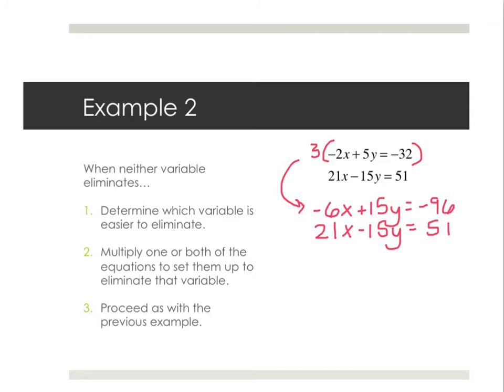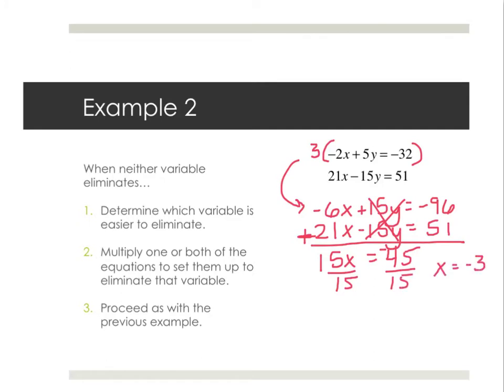In this circumstance, I only had to multiply one equation. Sometimes it'll be both. Now I'm going to proceed like I did with the other example. That's a plus sign there. So that's 15x, and plus 15y minus 15y cancel. 15x equals negative 45. Divide by 15, x equals negative 3.